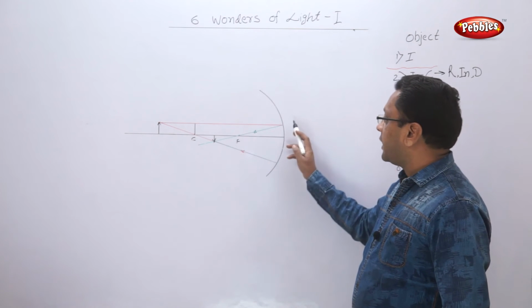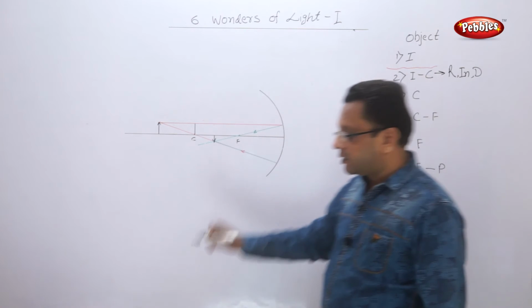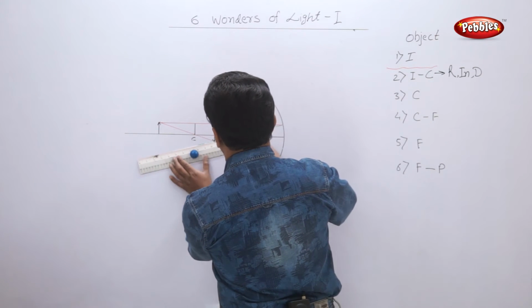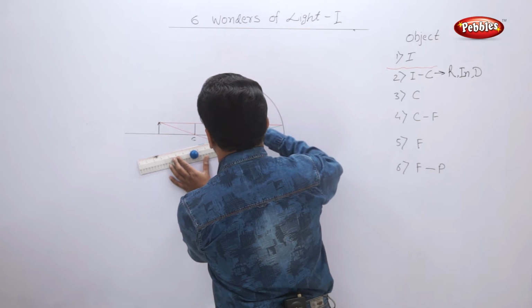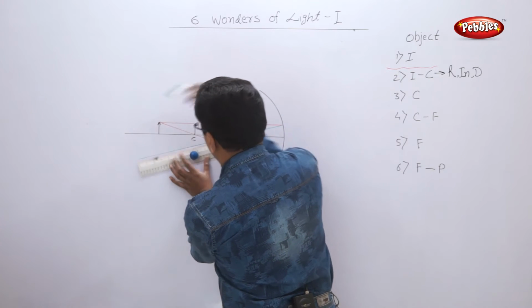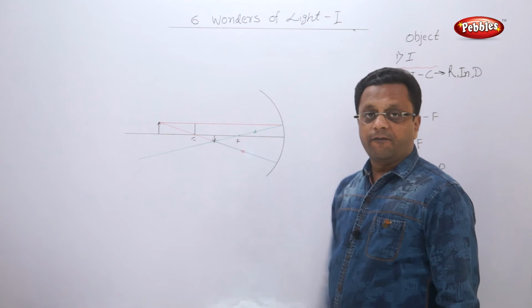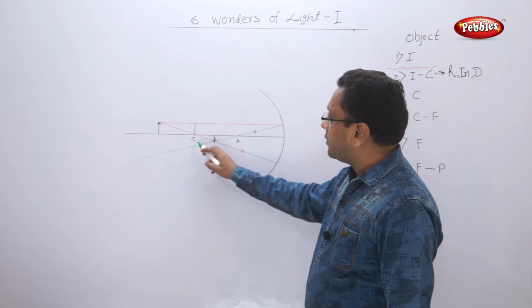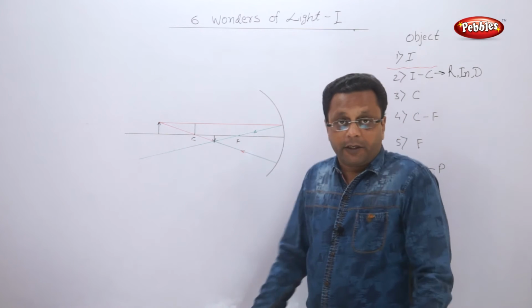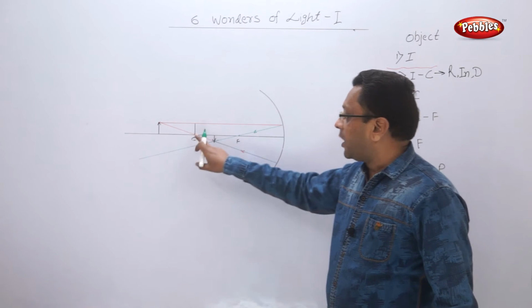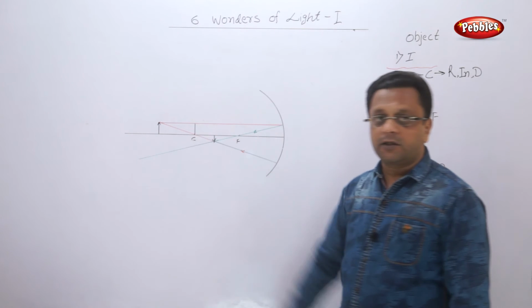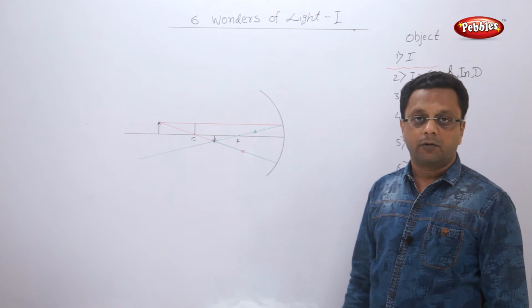Now one ray is parallel, going the same way. This reflected ray will not change. Now, from where will the second ray pass? Generally it should pass through C, but here the object is already on C. Then what to do?